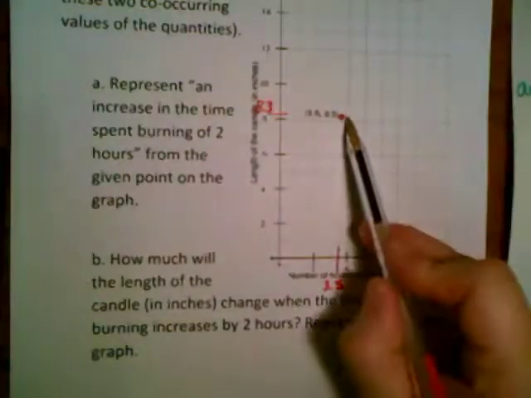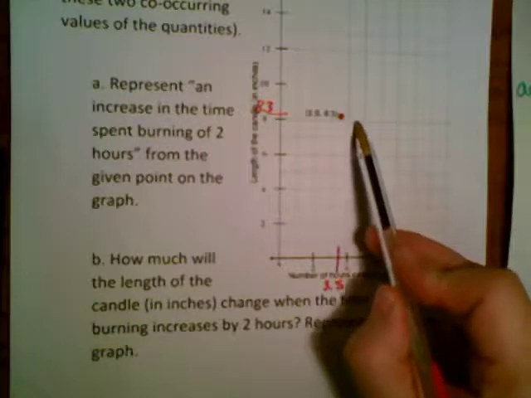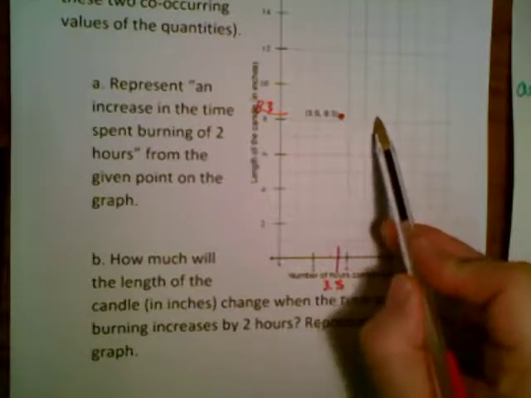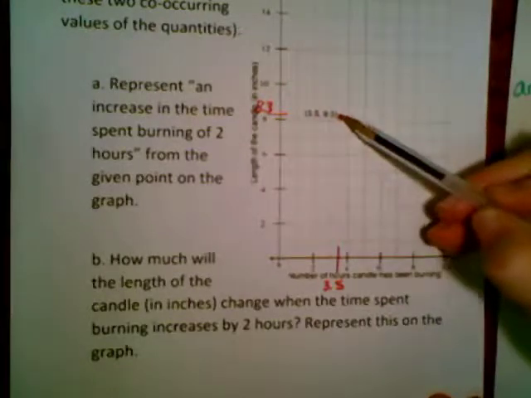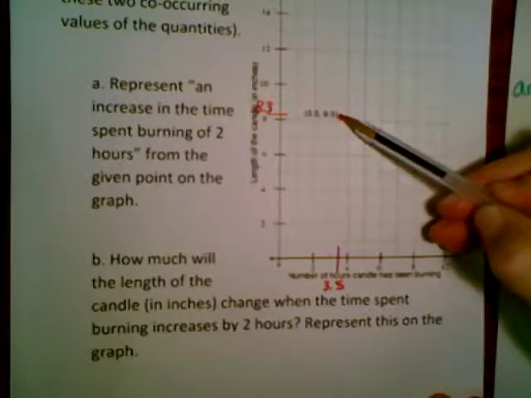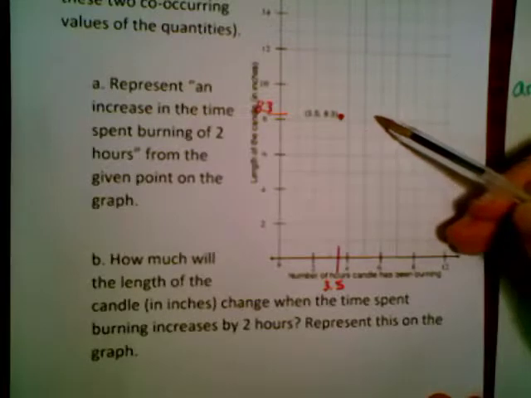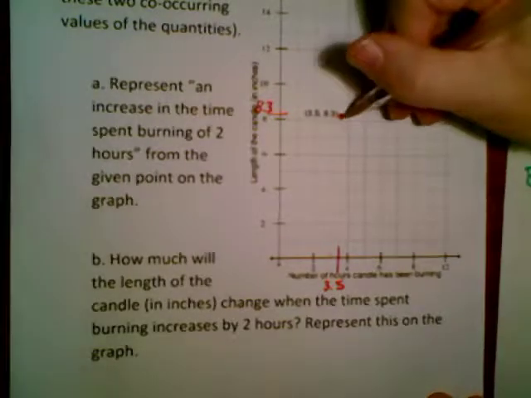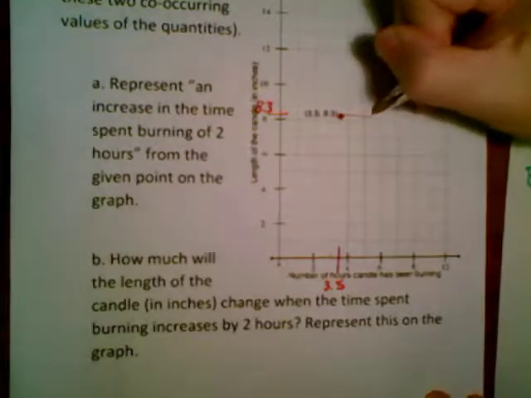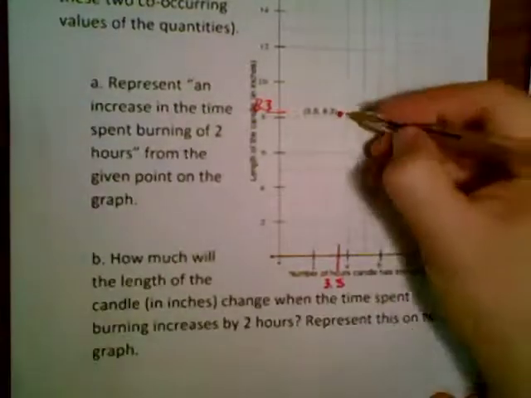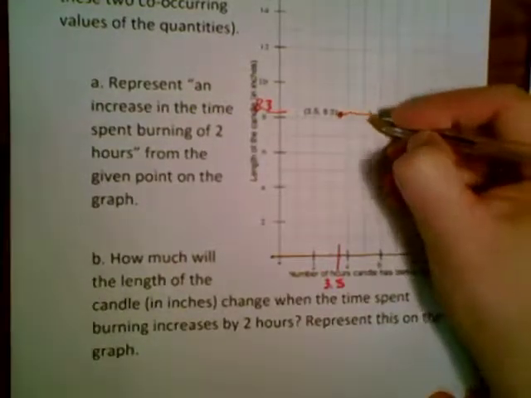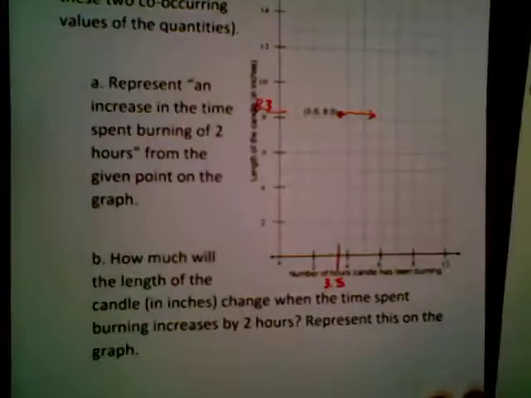And so I just need to move to the right the equivalent of 2 hash marks. So if I start at 3.5 hours, I will add 2 hours, draw a horizontal directed line segment, and time is increasing, so I put an arrowhead to the right.